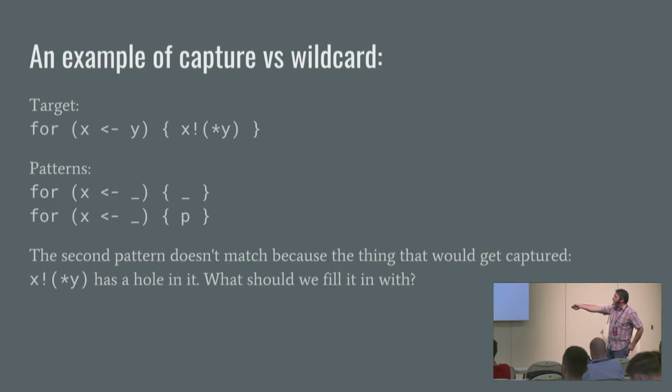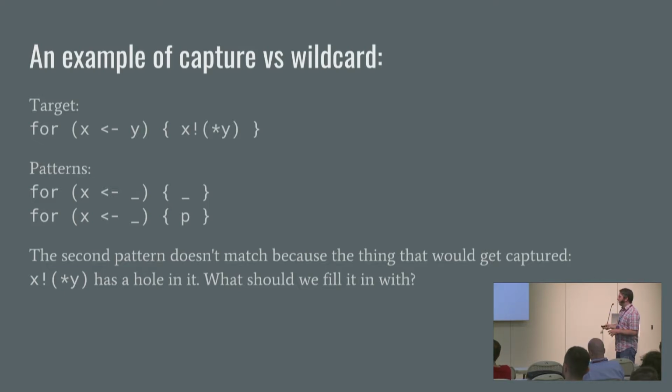It won't match this second term, and the reason is that p is a capture variable, and this target here mentions this x, and this x is bound right here. Because matching allows you to take something and rip it out of context, if we were to match p with this term, we wouldn't know what to put in for x.